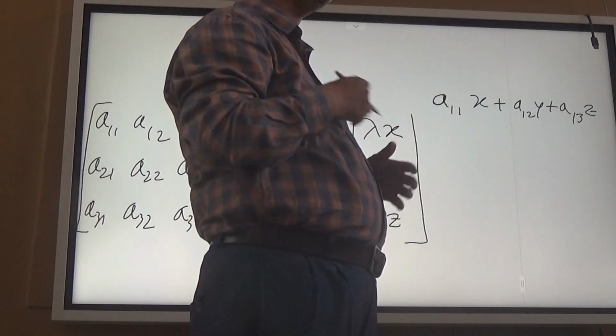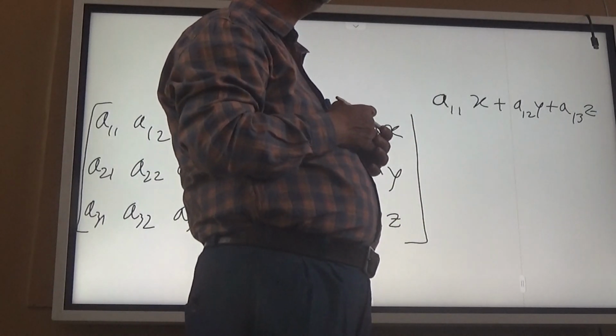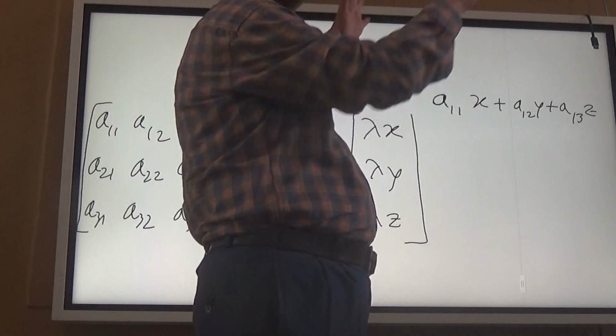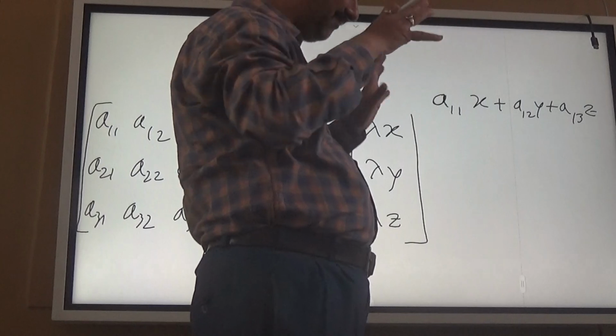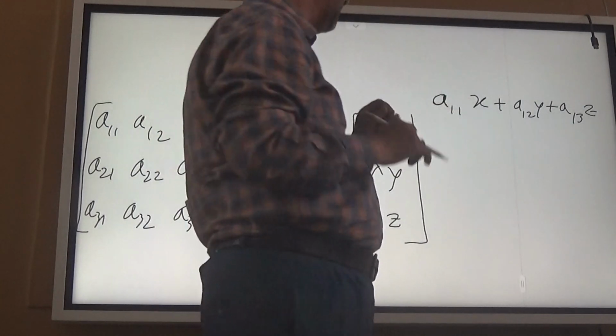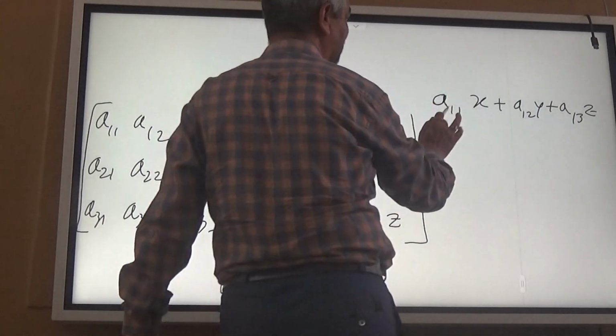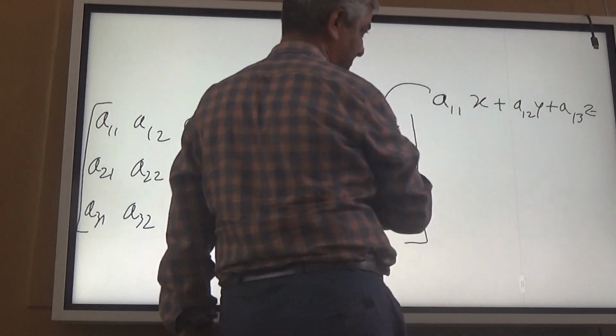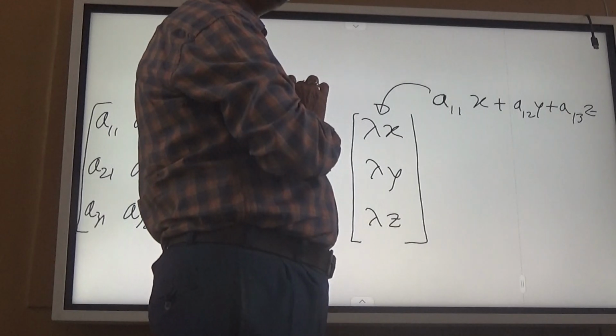Say if we talk of Pythagoras, the theorem that the squares of two sides match the squares of the diagonal, we find something which is magical, like that a11x plus a12y plus a13z should be lambda times x.